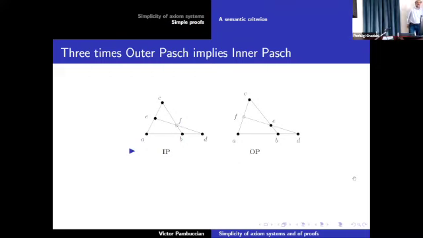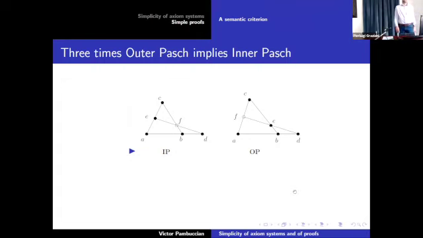Also, we have seen in the past that Veblen proved that outer Pasch implies inner Pasch. Outer Pasch being this story here. If you have the 5 solid points, then there exists an F that is exactly as in the picture. And here it says if you have these 5 solid points, then there is an F that is as in the picture.